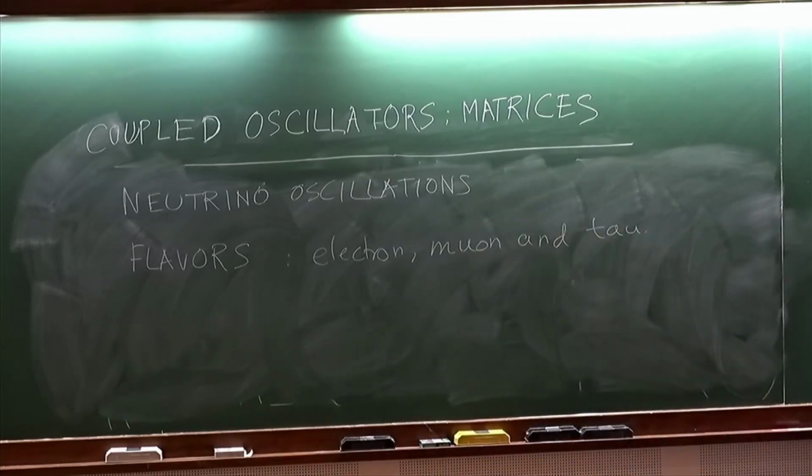If you have a detector which is sensitive to electron neutrinos, and you find something much less than the estimate, what is happening is that in the process of propagating from the sun to the Earth, there are oscillations where the neutrino goes from one flavor state to another. And hence the electron neutrino count is much smaller.